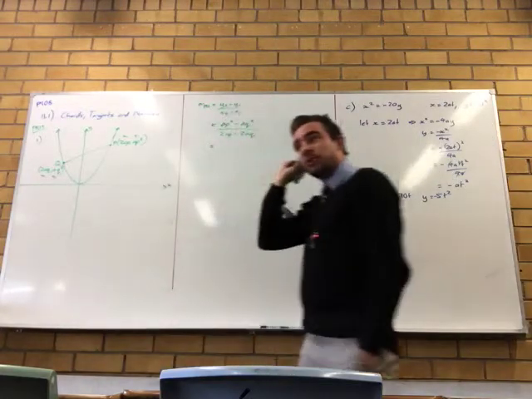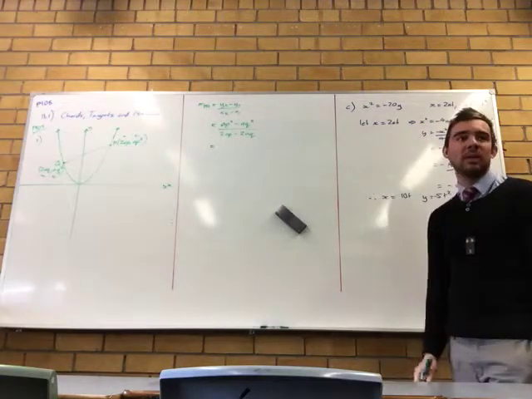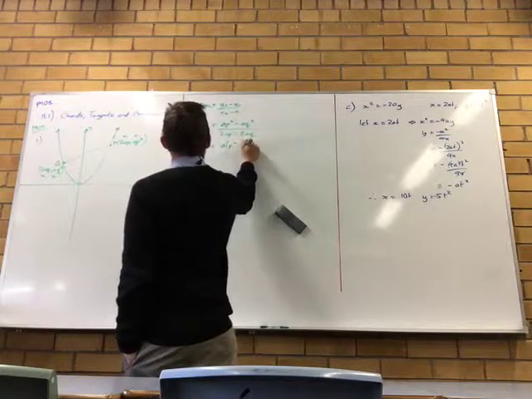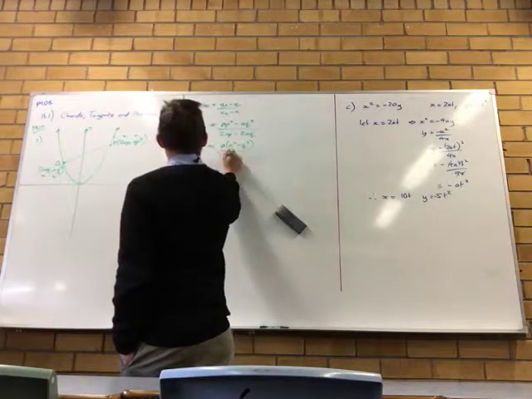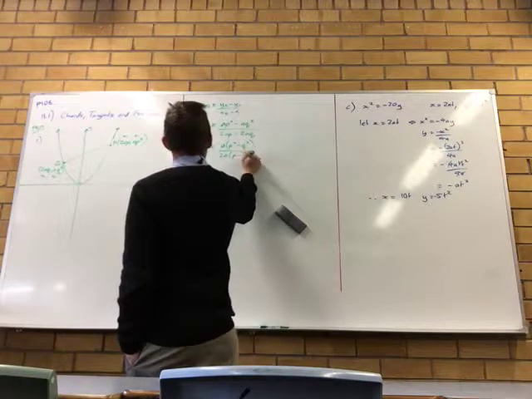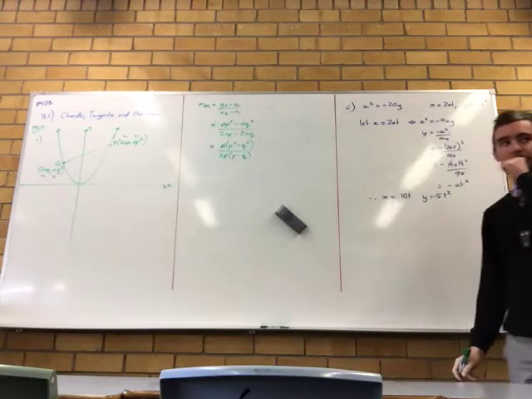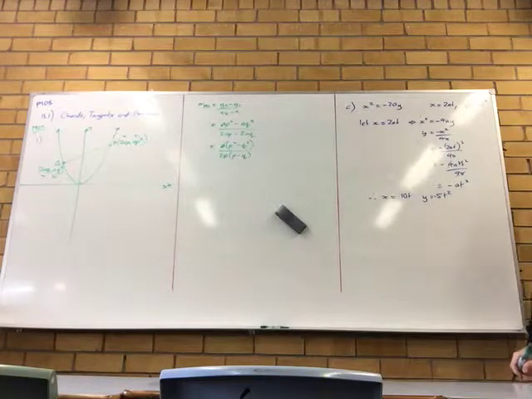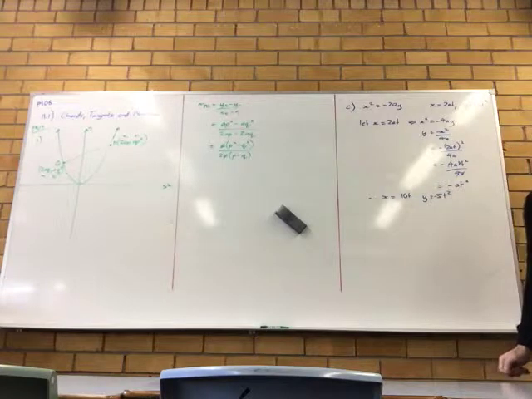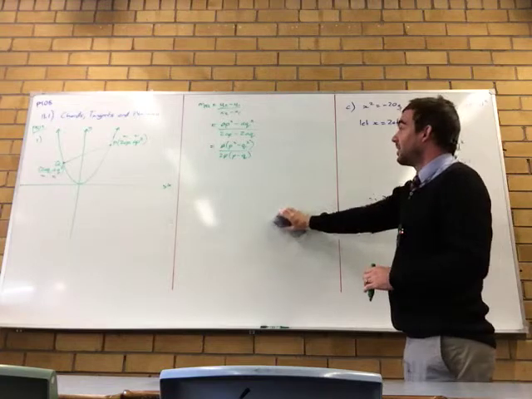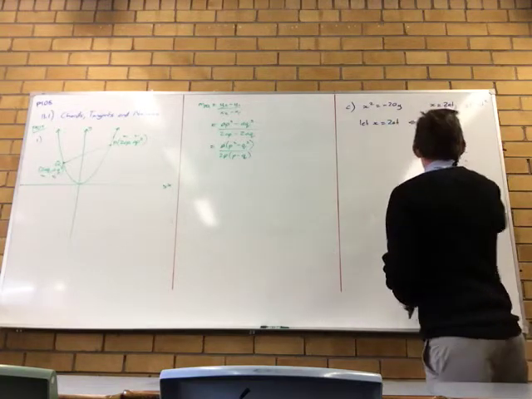Alright, so I want the gradient in simplest form. So what do I need to do? Factorise. A, P squared take away Q squared over 2A, P take away Q. The A's cancel. P squared take away Q squared and now cancel with P take away Q. That's all I need to do first. Not expand, other way around.